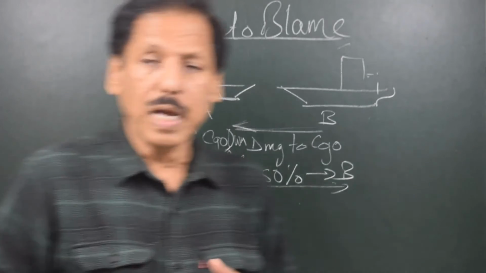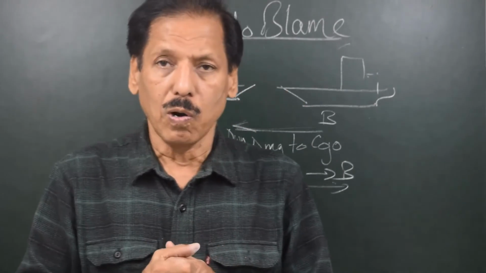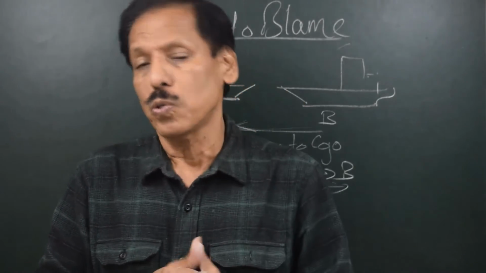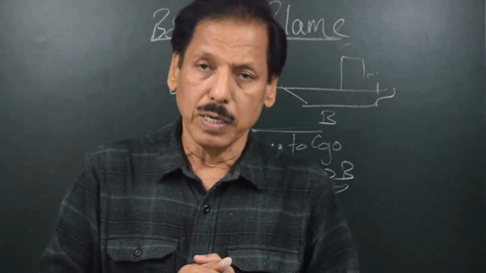So that means both to blame collision clause becomes compatible to the principle or immunity that is provided by the Hague-B rule.